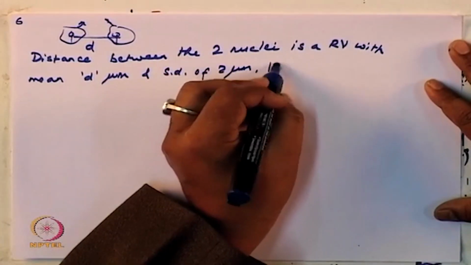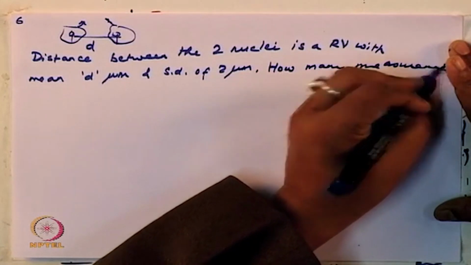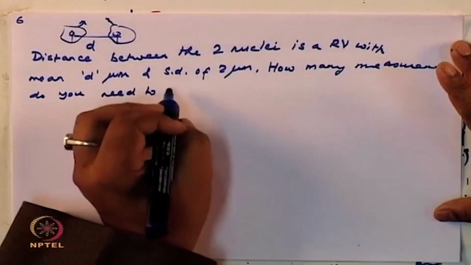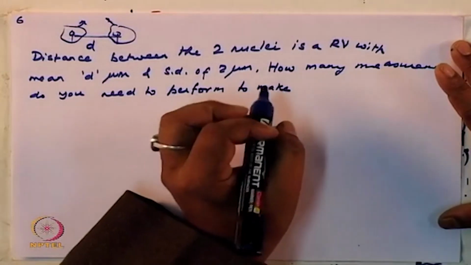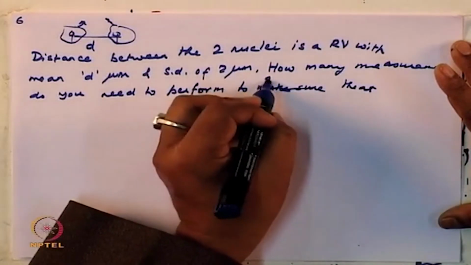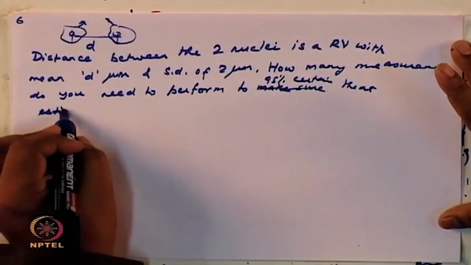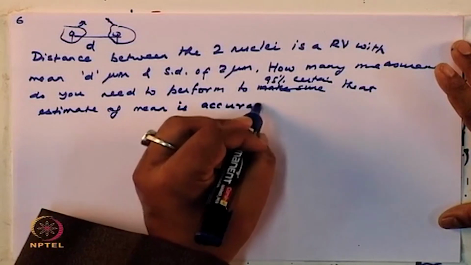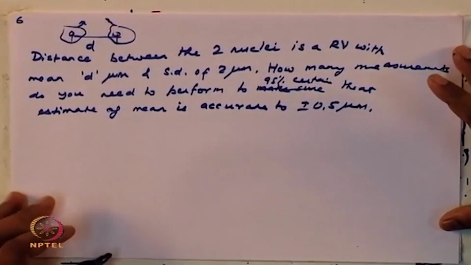The question is as follows: how many measurements do you need to acquire, or need to perform, to make sure, to be 90%, 95% certain, that the estimate of mu, the estimate of the mean, is accurate to plus minus 0.5 microns. So, the question is asked.